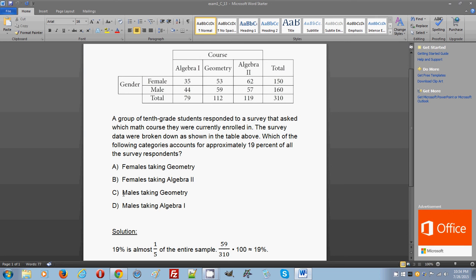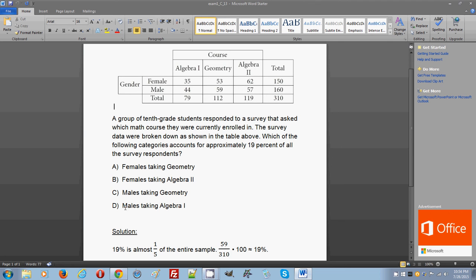So now choice C, males taking Geometry. So Geometry males, this is 59 out of 310. Now that seems to work even better because 62 was exactly 20% and 59 should be about 19% because that's just a little bit less than 62.